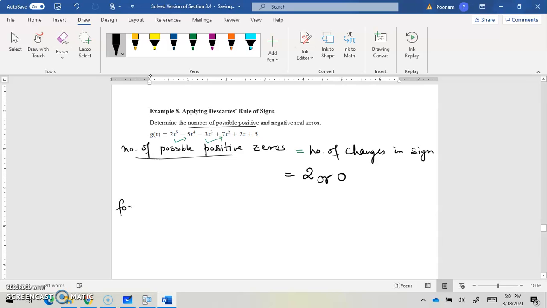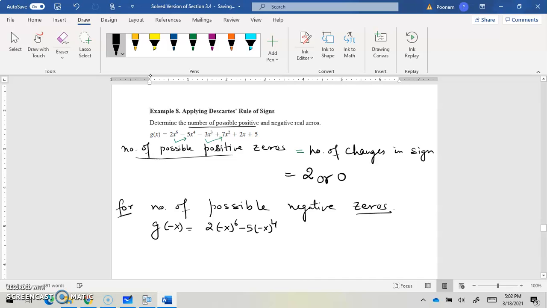Now for number of possible negative zeros, what do you have to do? You have to first find g of negative x. Let's do that. 2 times negative x raised to power 6. Replace x by negative x in the function. Which is 2x raised to power 6 minus 5x raised to power 4. Positive because negative x cubed would be negative.